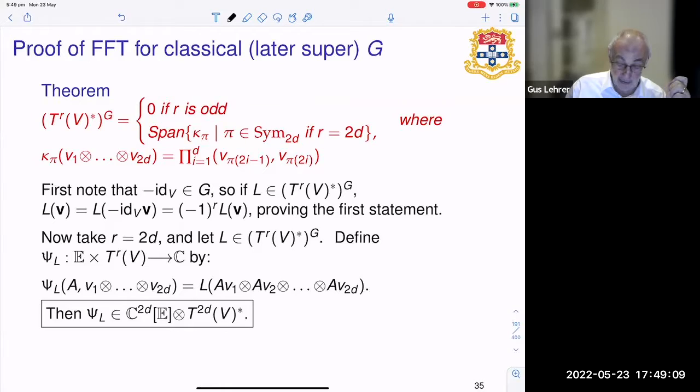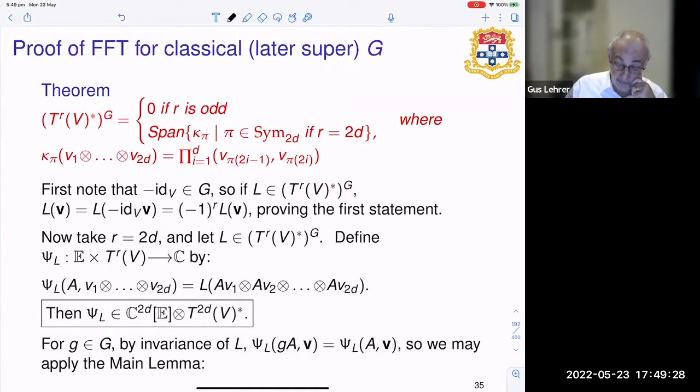Another way of stating that is that psi_L is degree 2D in E, and it's linear on T^2D. Now, for g in G, by the invariance of L, if you look at psi_L of gA, because if you put a g in front of each of these, you get the same thing, then you can actually leave the g out.